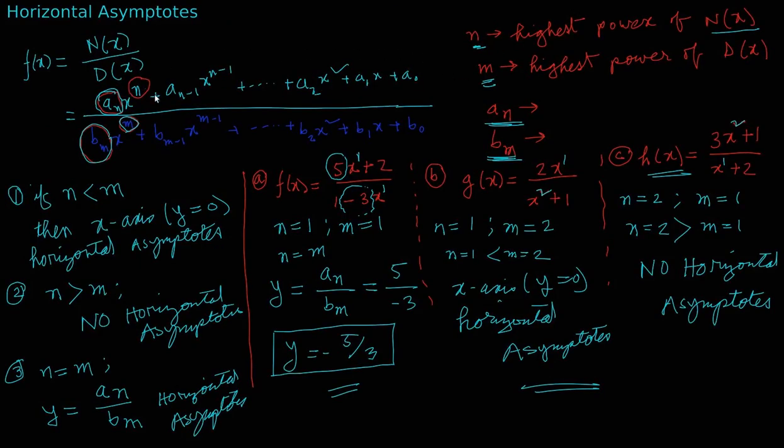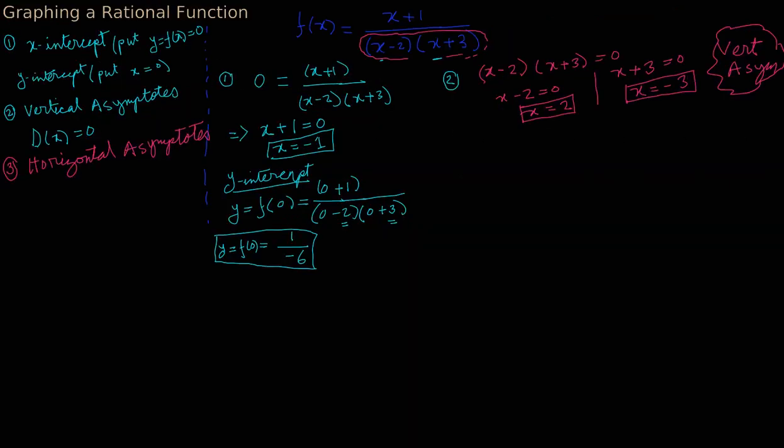For the horizontal asymptote, we know that we need to compare whether n is less than m, n is greater than m, or n is equal to m. N is the highest power of the numerator, and m is the highest power of the denominator. Let's look at our particular problem here.